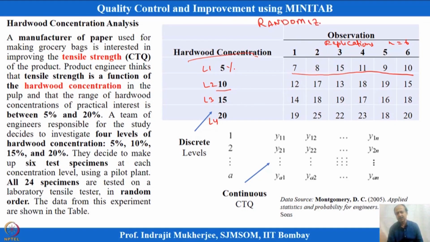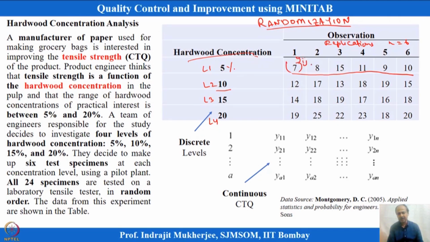Randomization was another important concept that was introduced, and why it is required we will understand afterwards, but at present we should know that randomization is the concept you have to implement when going for experimentation. Every experiment has to be randomized. And how do we randomize? We select any of these levels and any of the samples, and the combination of that generates the results for tensile strength given here.